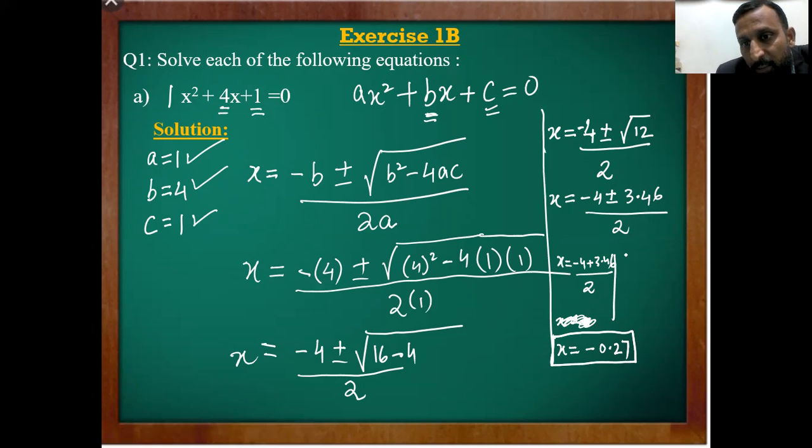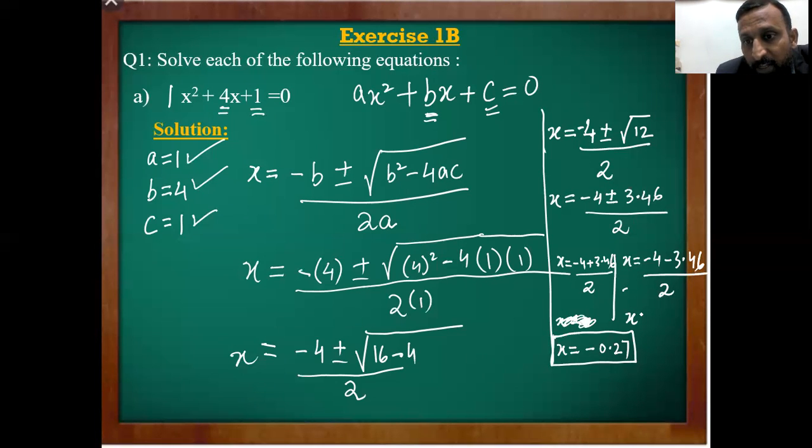Either, or x equals negative 4 and then negative 3.46, whole upon 2.